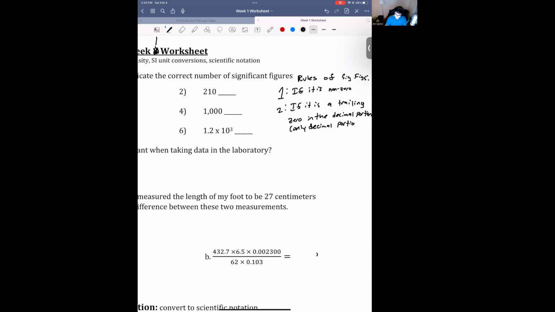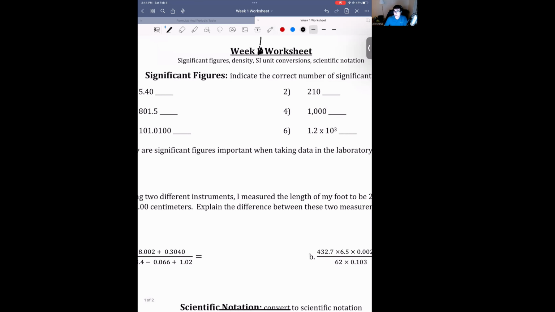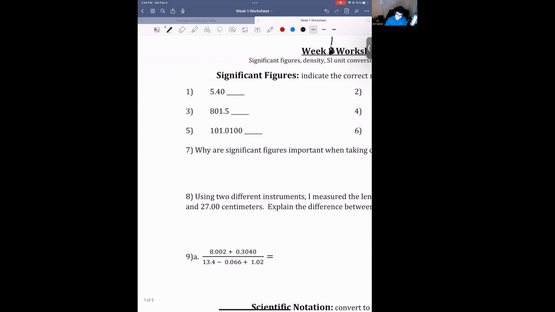And rule 3 is if it is a 0 between 2 other sig figs. So it's a significant figure if it's not a 0, if it's a trailing 0 in the decimal portion, or if it's a 0 between 2 other sig figs. All other zeros are insignificant.